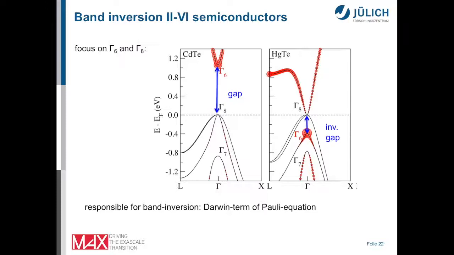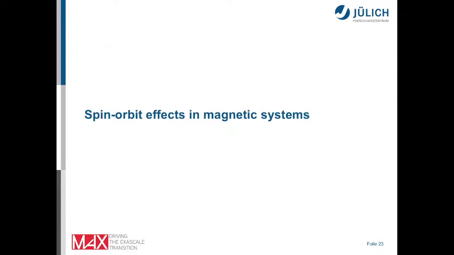So you always need both scalar relativistic and spin-orbit coupling terms to describe these things reasonably. Now, this is all I wanted to tell you about non-magnetic systems. Now, we come to the magnetic systems, and this is what we also will deal with in the afternoon.